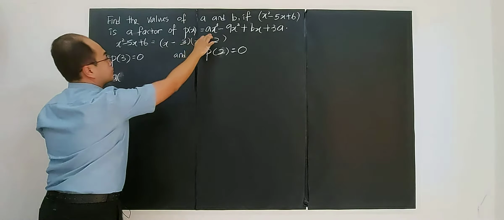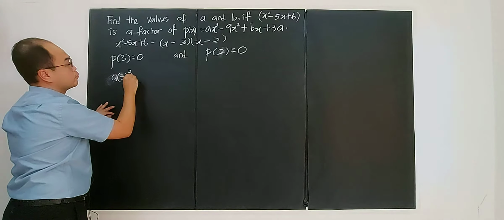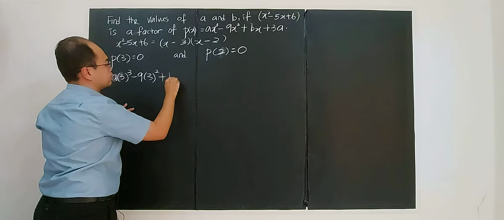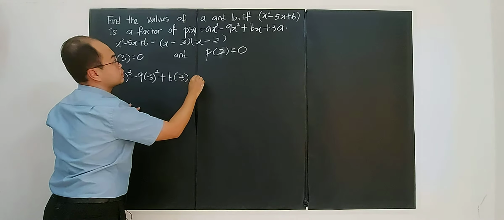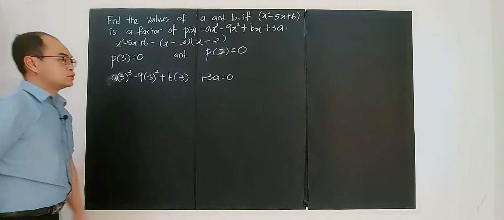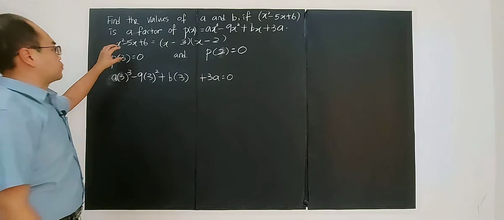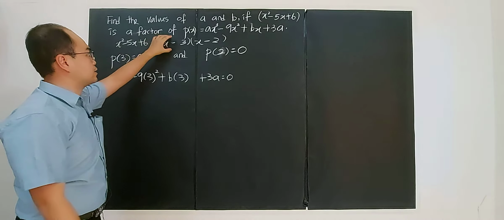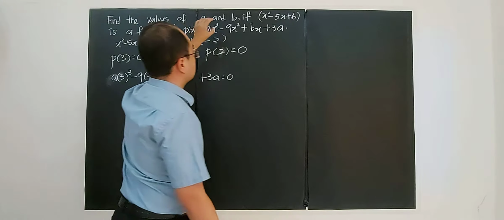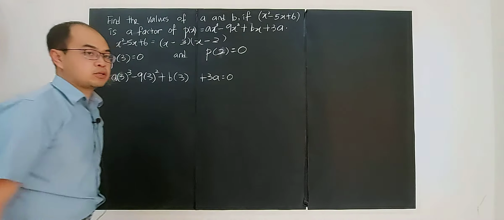So p(3): a times 3 cubed minus 9 times 3 squared plus b times 3 plus 3a will be equal to 0, right? Because according to factor theorem, if this is a factor, then the zero of these factors will be the zero for this polynomial.